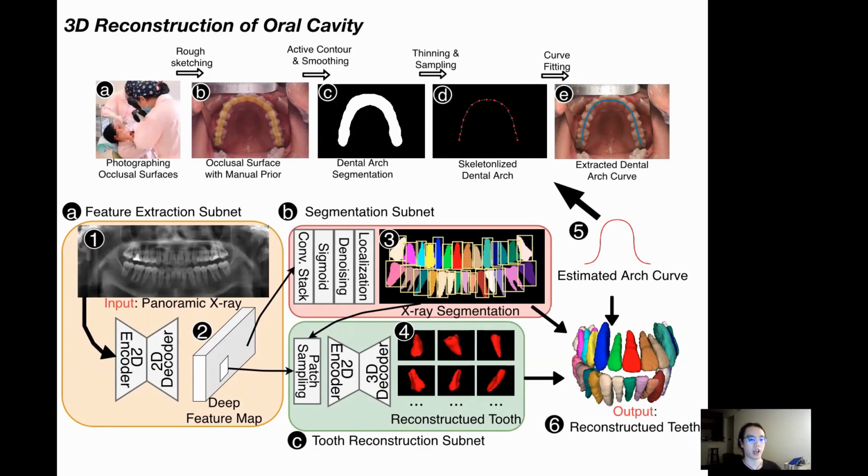To pick up that information, two photos of a patient, one of the upper jaw and the other of the lower jaw, are collected by the dentist. We have developed an active contour-based method to do the curve estimation without any supervised training. With the predictions of the teeth localization, the single tooth reconstruction, and the dental curve information, we can finally reconstruct the full teeth structure.